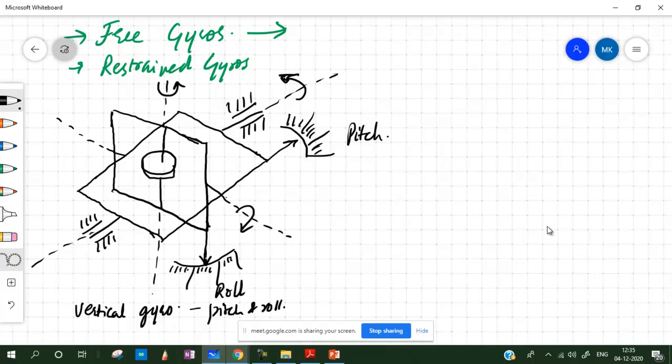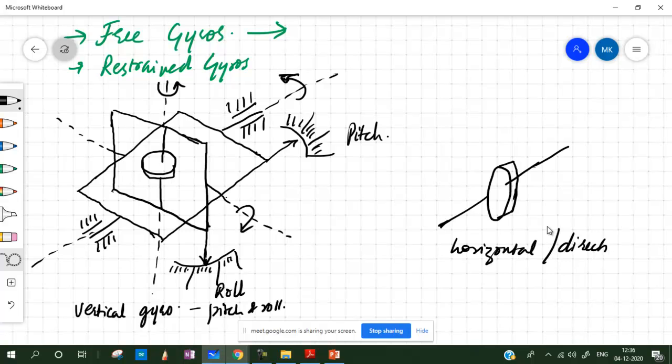spinning wheel is, I'll just draw the spinning wheel. So it is rather than vertical, it is placed horizontally. ठीक है, बाकी जिम्बल्स आप इसको कनेक्ट कर सकते हैं. तो in this case the axis of the spinning wheel is horizontal, in this case it's vertical. So this is horizontal, or it's also called a directional gyro.